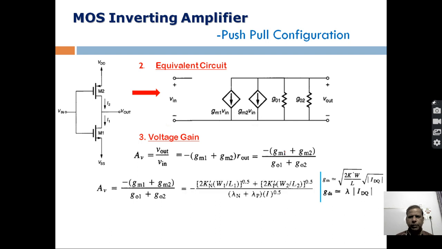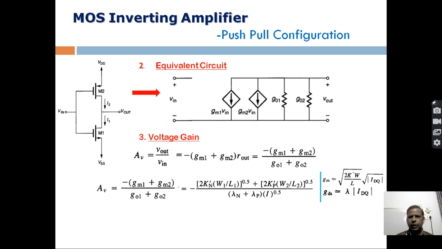This part is again repeated. Now here, Gm1 is replaced by this component, and Gm1 means the first device M1, the NMOS. So here we have put the subscript N for NMOS and W1 L1 for the first device.